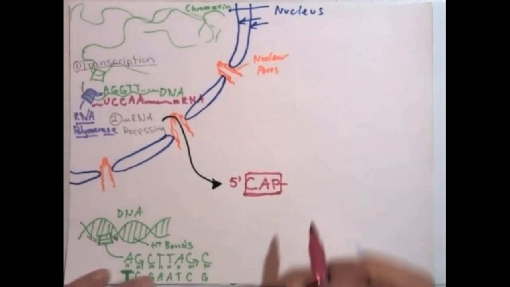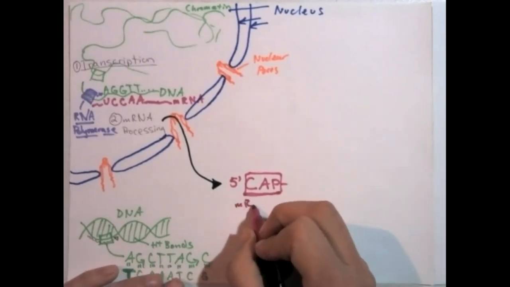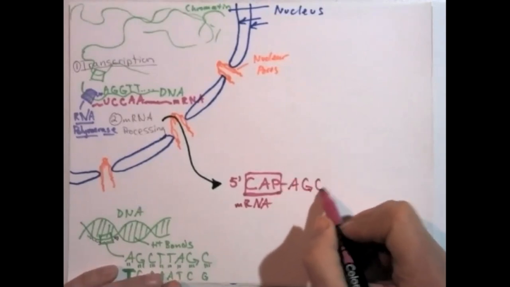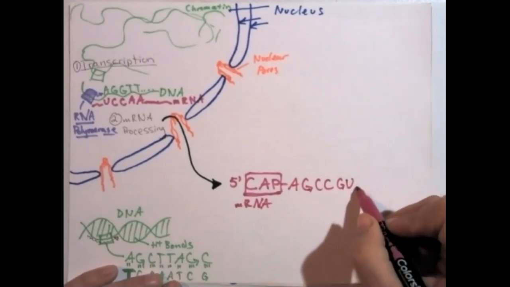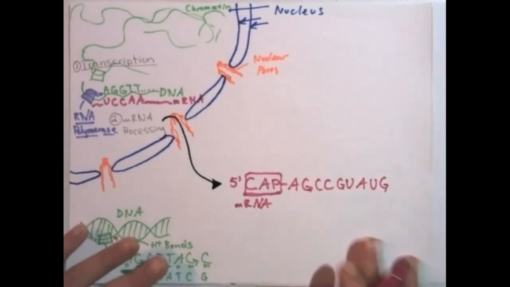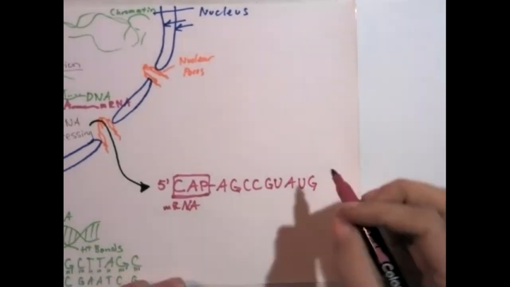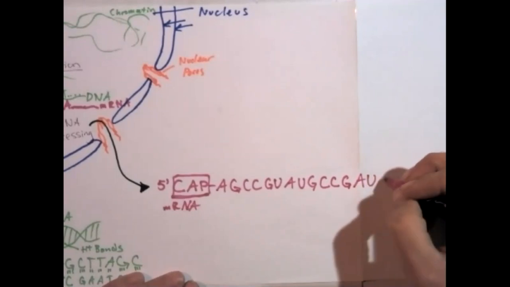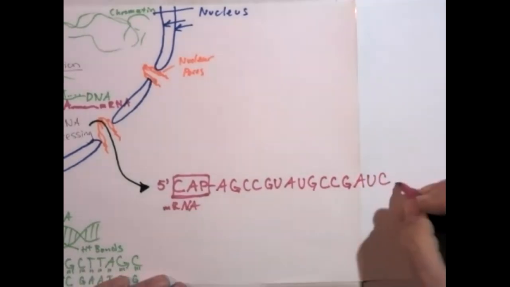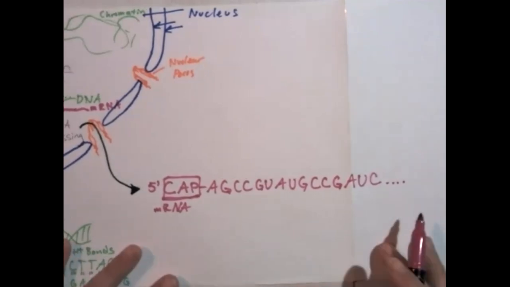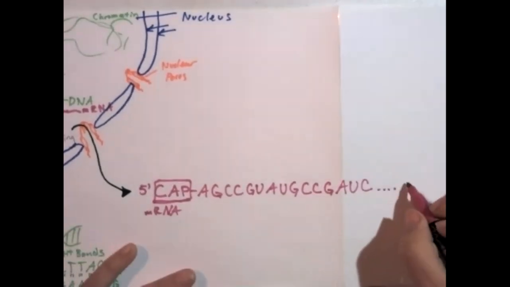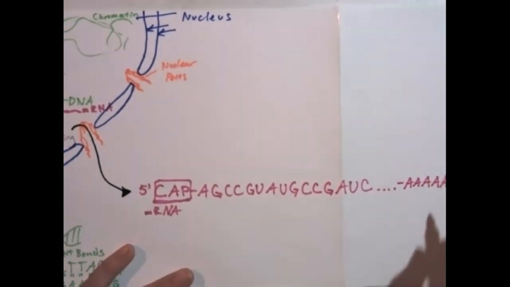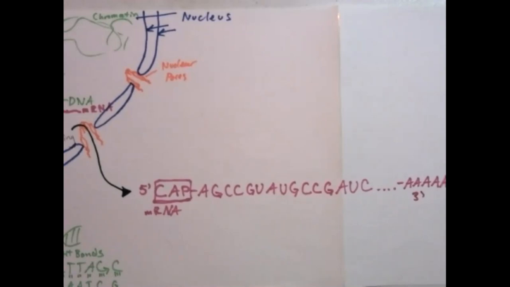We have our sequence, our mRNA sequence, which is just a series of nucleotides here, and so on and so forth. And all the way at the end, we have a poly-A tail. So lots and lots and lots of A's, and that is on the 3' end.